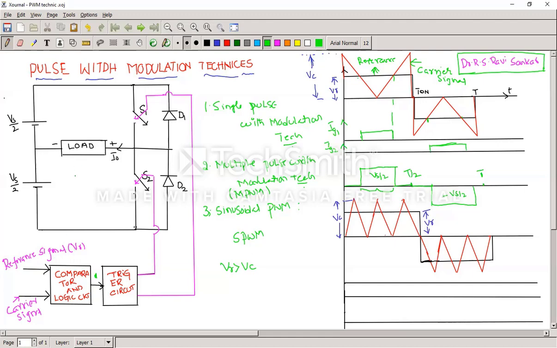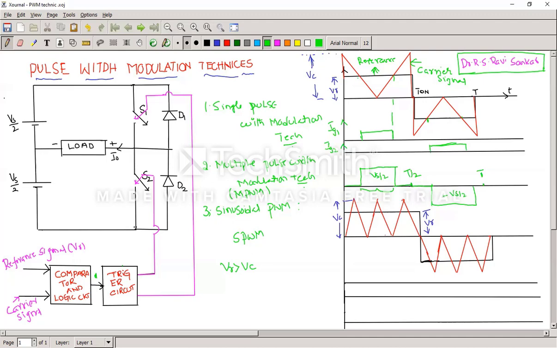If it is 50, then it is 50. If you want a 30 Hz output voltage, you select the frequency of the reference signal as 30 Hz. Depending upon the frequency needed at the output voltage, you select the frequency of the reference signal.